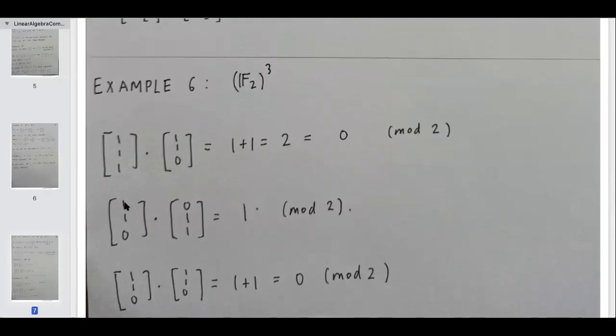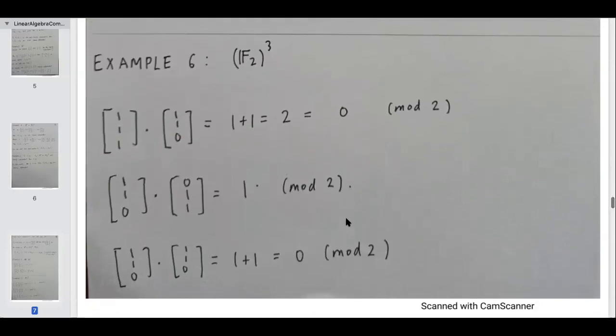Similarly, (1, 1, 0) and (0, 1, 1), if we dot product them, multiplying the first components we get 0, second components we get 1, third components we get 0. So it's 1 modulo 2. The third example is similar: (1, 1, 0) dot product with itself (1, 1, 0) is equal to 1 plus 1, which is 0 modulo 2.